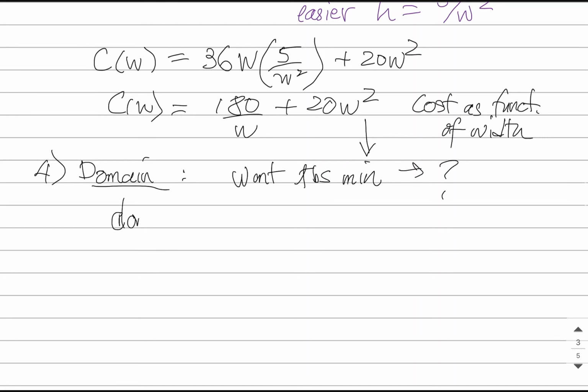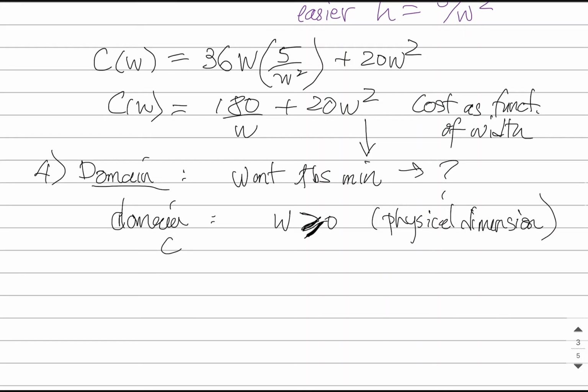The domain of this cost function, width, is a positive number. Generally, it should be greater than 0, or even equal to 0 at the very least. It's a physical dimension. You can't have a negative length in this particular problem.